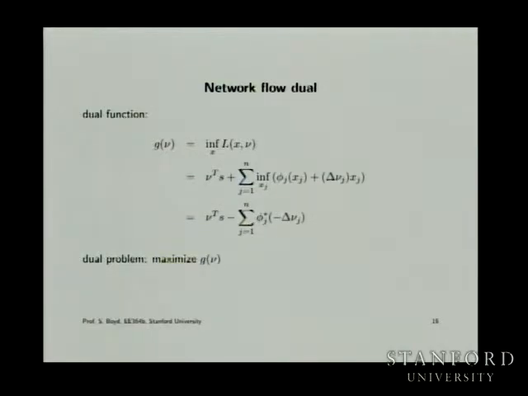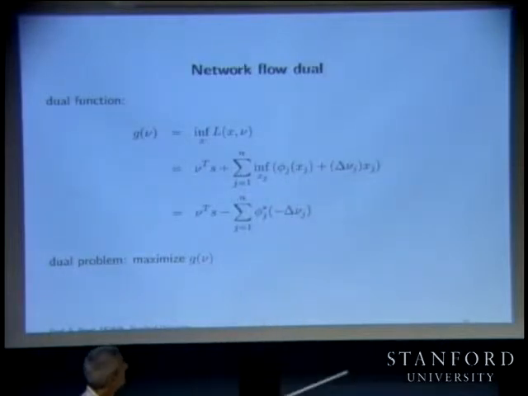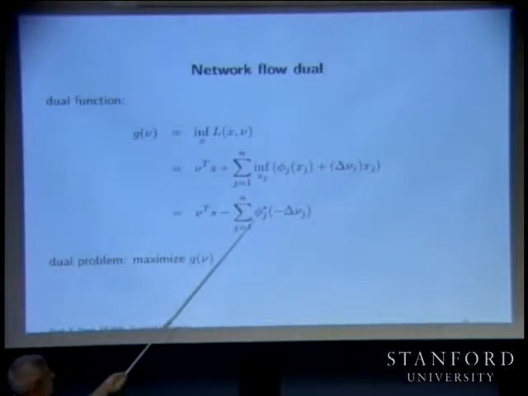Nothing else. You take that potential difference, you multiply by your flow, and you add in your cost for flow and you minimize. And you can write that this way. This is the conjugate of the edge cost. And the dual problem is simply to maximize this g.